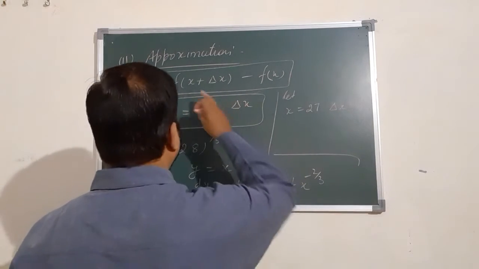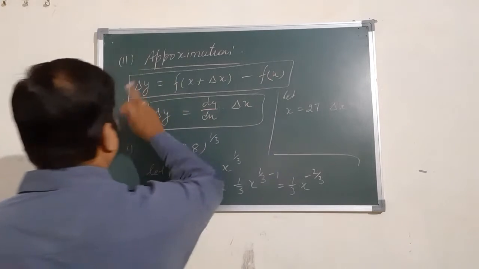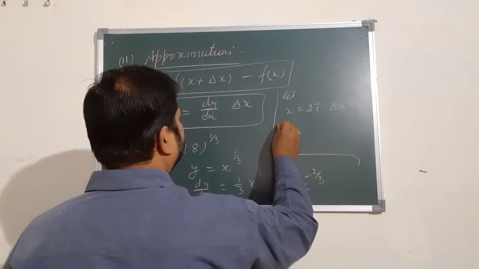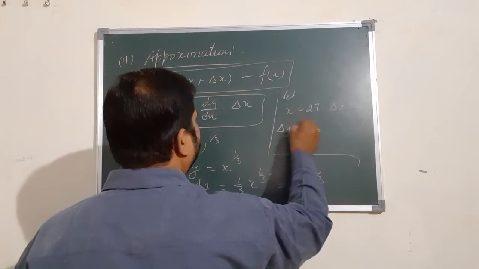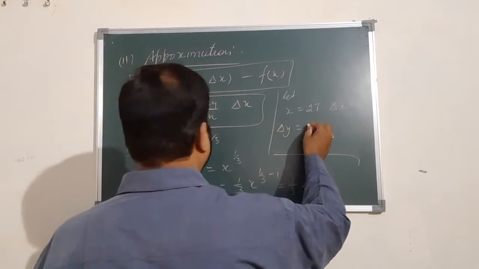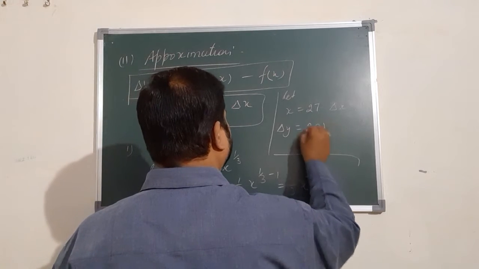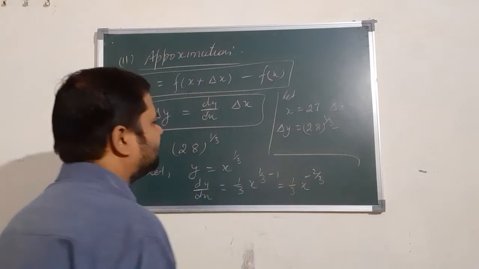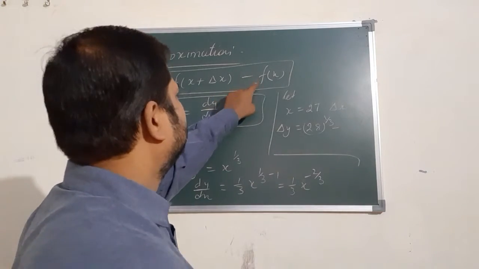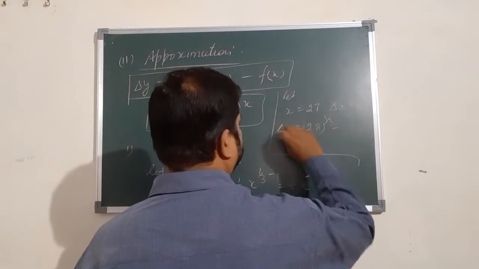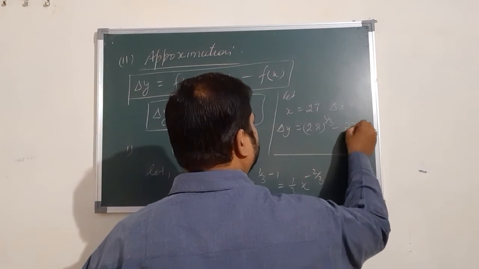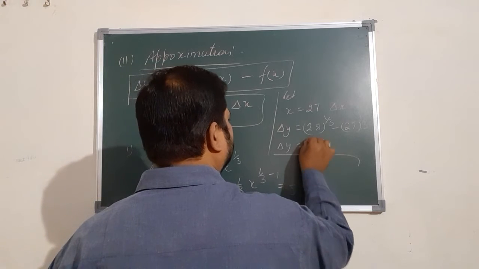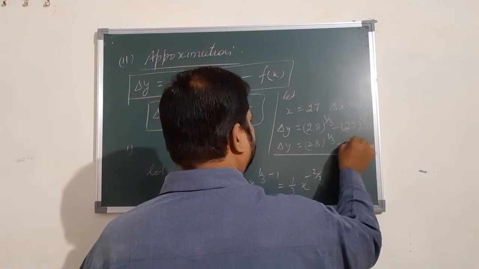Now f(x plus delta x) minus f(x) is delta y, that means 28 power 1 by 3 minus f(x), that is 27 power 1 by 3. So delta y is nothing but 28 power 1 by 3 minus 3.